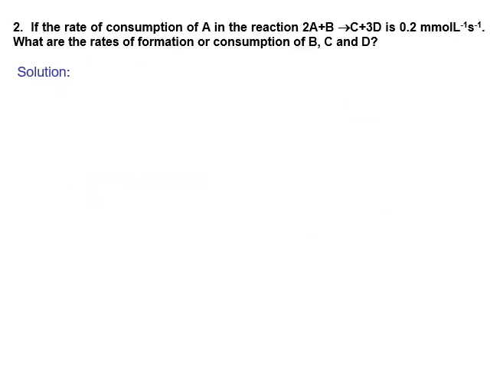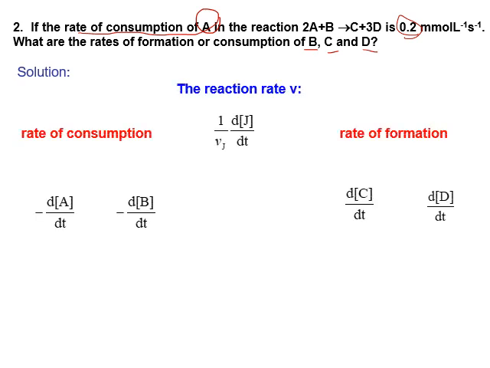In question number 2, the rate of consumption of A is given. It asks you to calculate the rate of formation or consumption of B, C, D. In other words, we know one individual rate. We want to calculate other individual rates. So again, looking at this relation, the individual rate for A in this case is given.